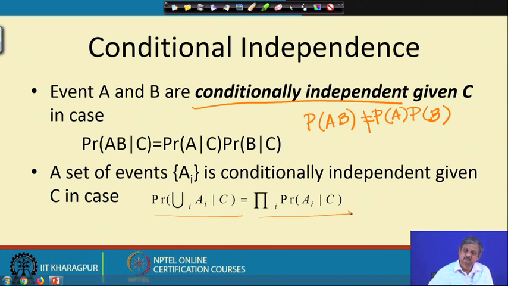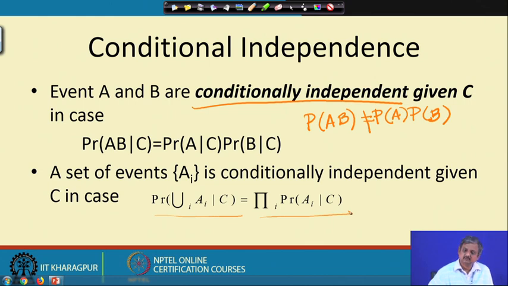So, you can think of it like this. Suppose I am tossing two unbiased coins, with just two outcomes, either 1 or 0, head or tail. And A is the event that the first coin toss gives head, B is the event that the second coin toss gives head, and other combinations.